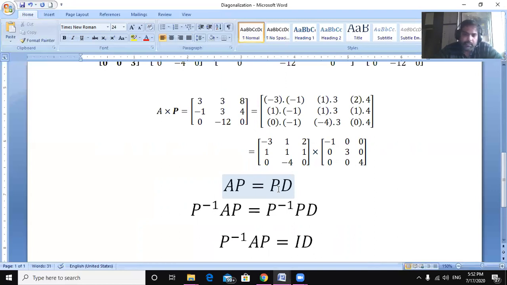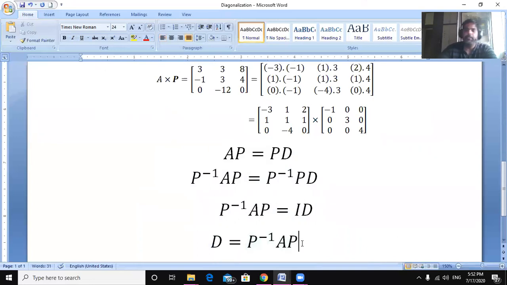If they exist, then definitely A into P is equal to P into D. I multiply both sides with P inverse, and P inverse AP equals P inverse into P into D, then P inverse into P is I. So D equals P inverse AP. D is the diagonal matrix with the diagonal elements as eigenvalues.